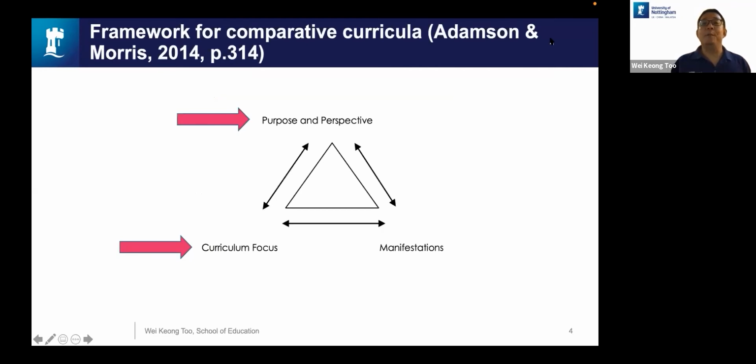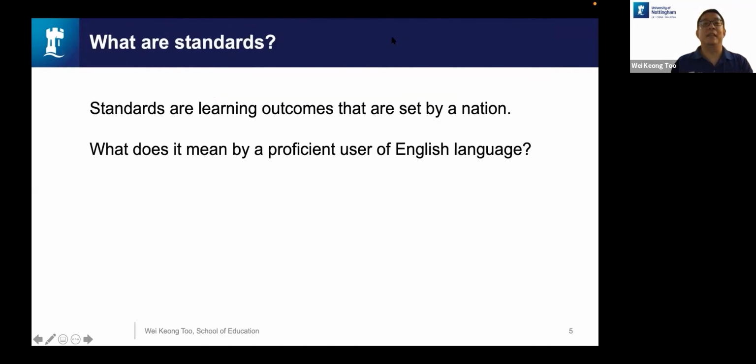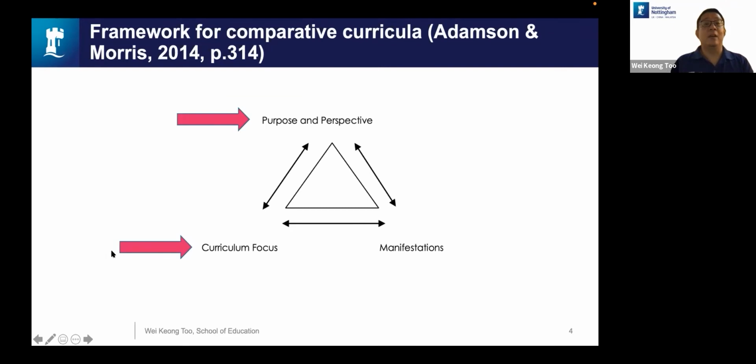So in order to help me do this comparison, oh, sorry, let's not jump too fast. I use the curricular comparison framework by Adamson and Morris in 2014. In this framework, they present three points to compare curricula.